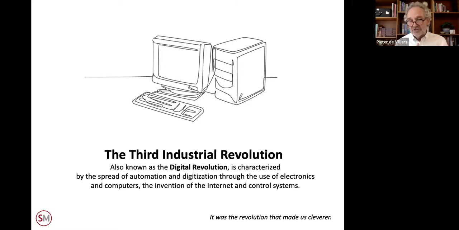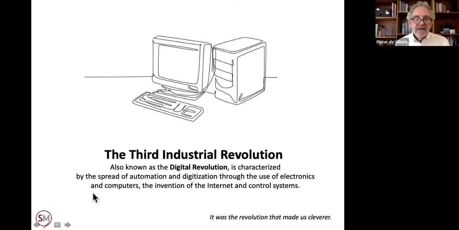Now it's automated, so it's a control system. This was a revolution that made us cleverer. So we are now smarter and more clever to manage physical things and even virtual things like payrolls and prices and the rest.